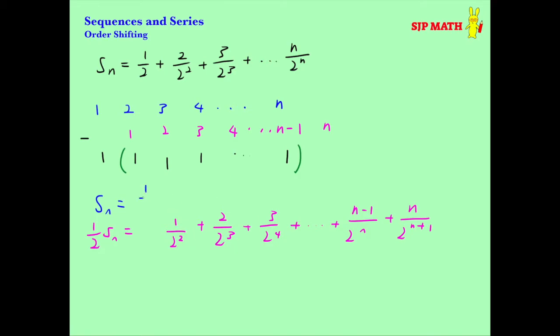So 1 over 2 has no common pair. 2 over 2 squared, there's a 2 squared denominator here, so we align it. It's just a layout, no big deal, but I'm laying it out like this so that things will be easier to see later on. If we try to align the common denominators together, it becomes like this.